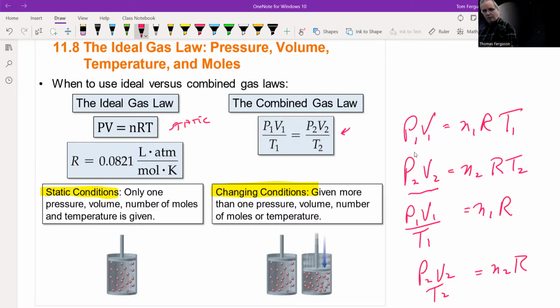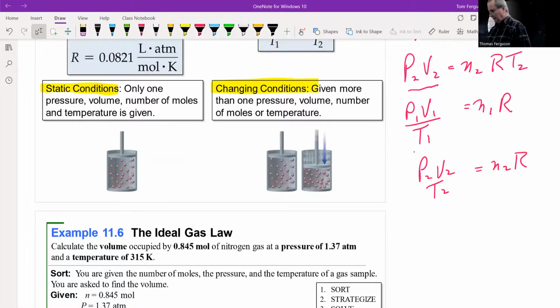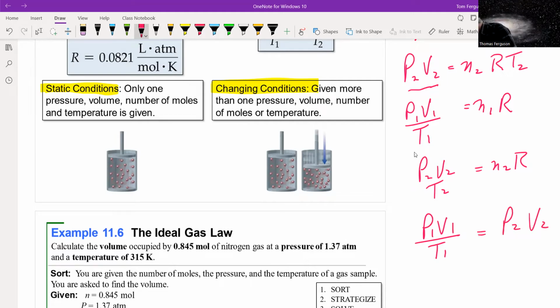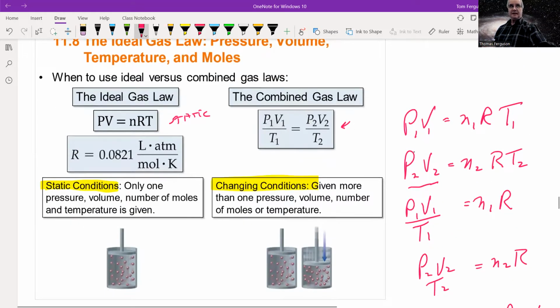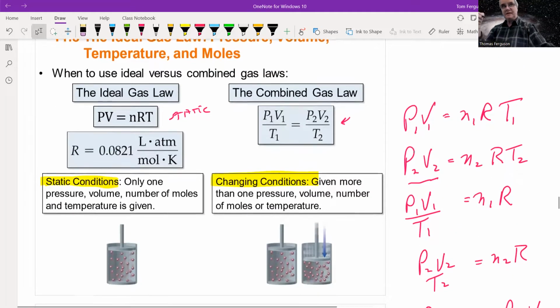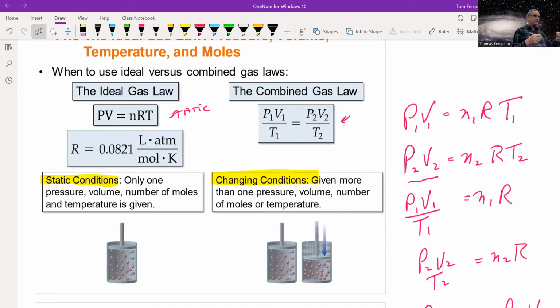Now we can equate the nR's together, and that's how they derive the changing condition: PV over T, condition 1, equals PV over T, condition 2. You're not responsible for this derivation, but you do need to be able to work problems using this equation. But that's how they got it.